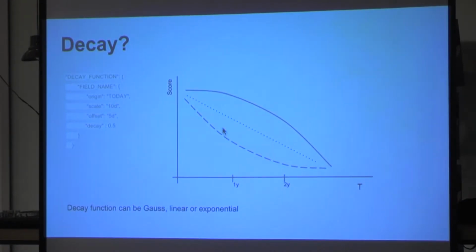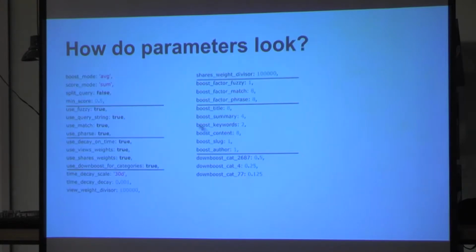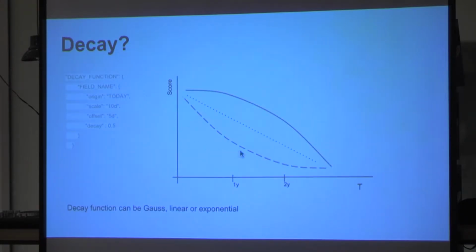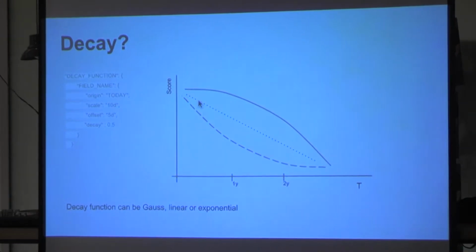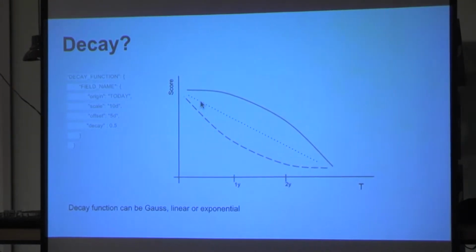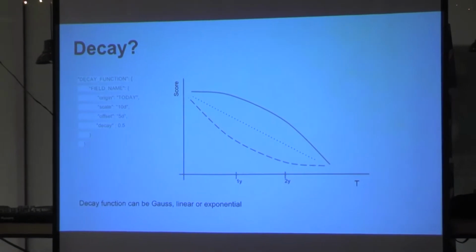So we can do that. You have several options for how quickly decay does its stuff. You have exponential, Gauss or linear functions. So you can say each day the importance of the article is coming down by 1% or something like that. So I wasn't even sure which of these to use.